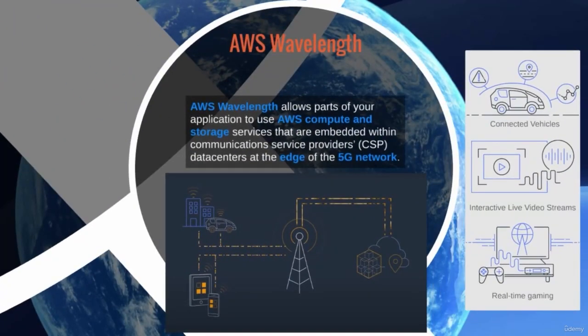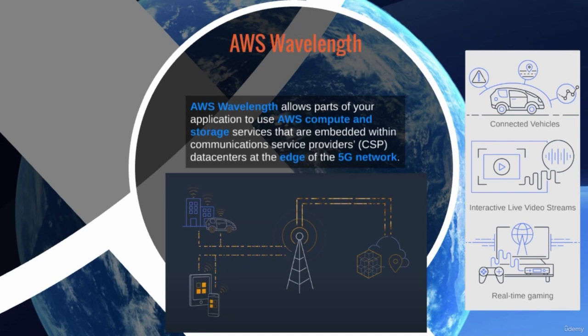AWS Wavelength deploys standard AWS compute and storage services to the edge of telecommunications carriers' 5G networks. This enables developers to build applications that deliver ultra-low latencies to mobile devices, because those applications will be run at the service provider's data center without having to traverse multiple hops across the internet to reach their final destination.